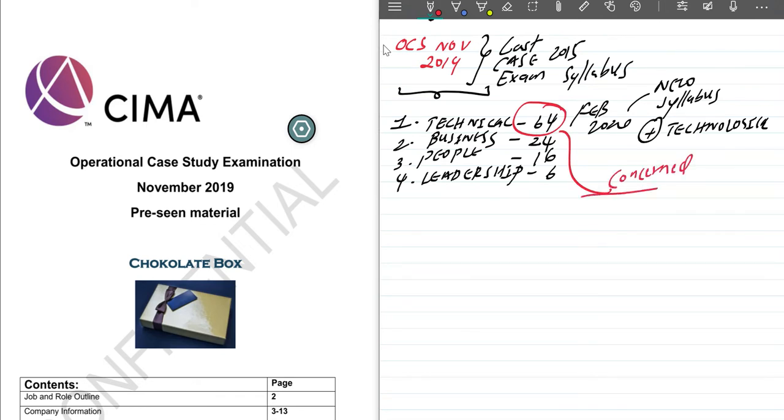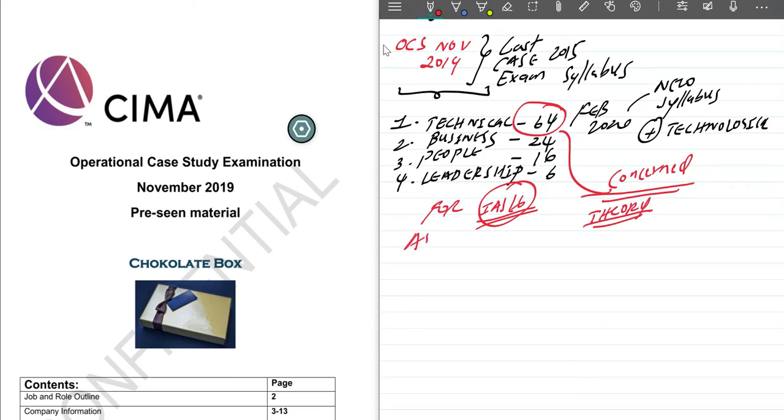For example, when you're writing an answer, mostly you need to use your theoretical knowledge, what you have studied in your OTQ in detail. For example, if you are getting a question from IAS 16 property, plant and equipment, you cannot write it in your own words. You need to always use the definitions and the key terms that are mentioned. For example, you cannot just say asset is an item like property.